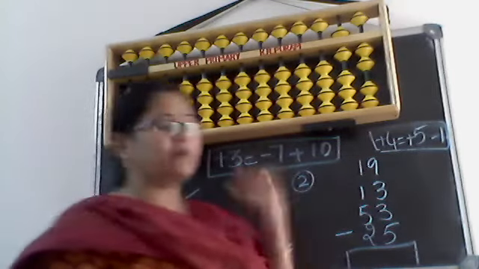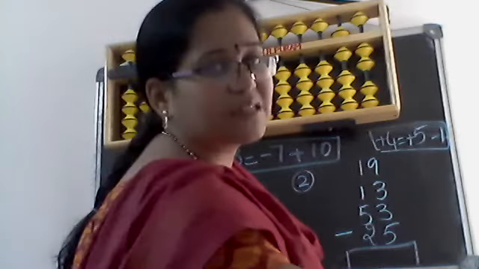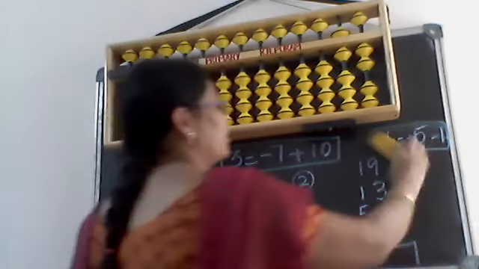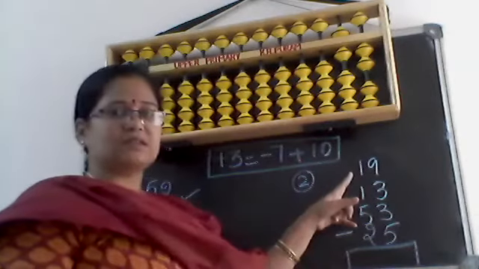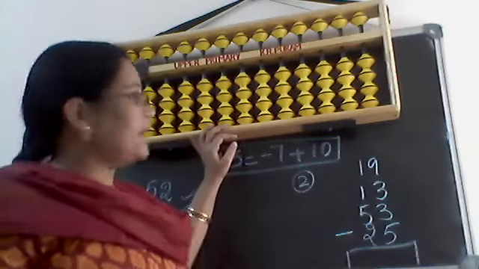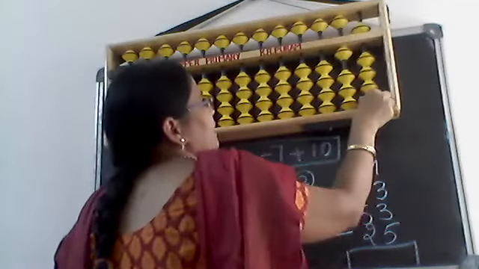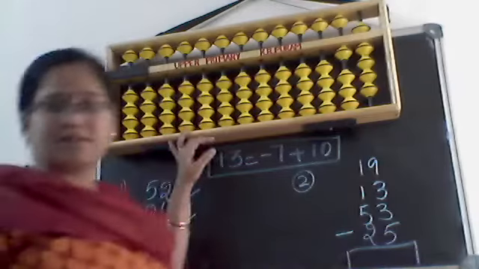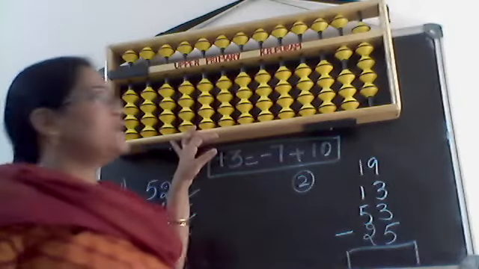It's very easy. Sometimes we have to use small friend subtraction or addition also. Now let us understand how we do this second sum, 19. To do this, clear the beads. 19, how do we do it? 1 and 9. All the beads which touch the answer bar is the 9.